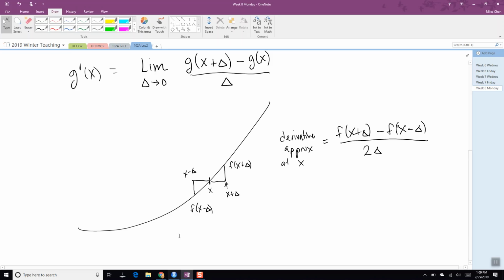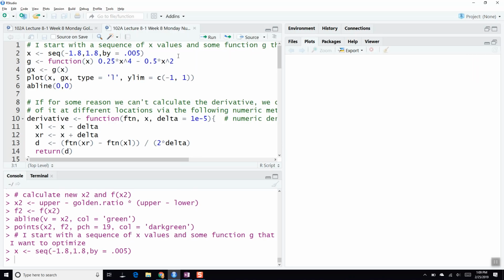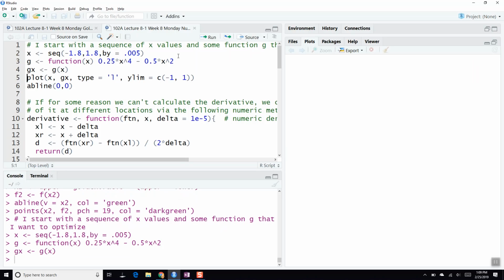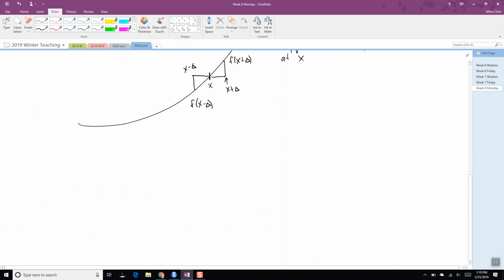So I've written up a very simple derivative function. The function I'm going to take the derivative of is 1/4 x to the 4th minus 1/2 x squared.